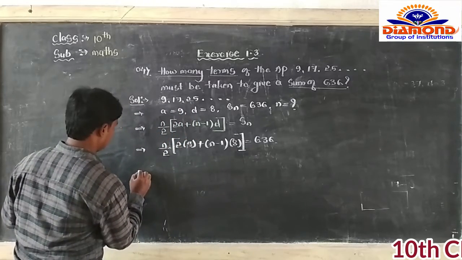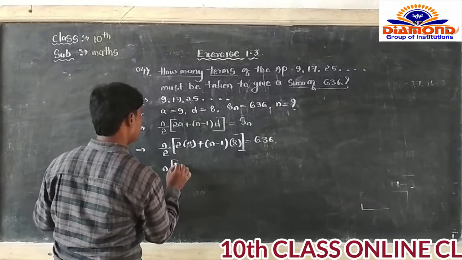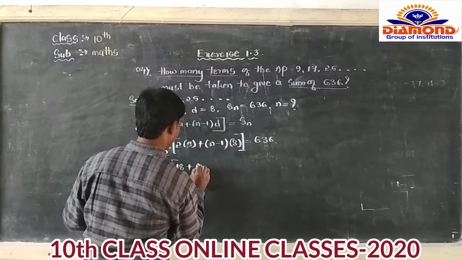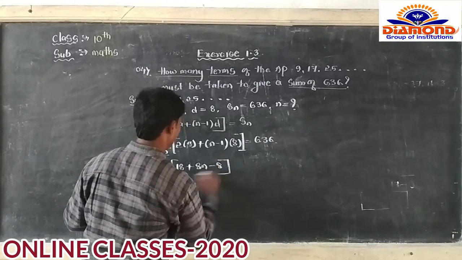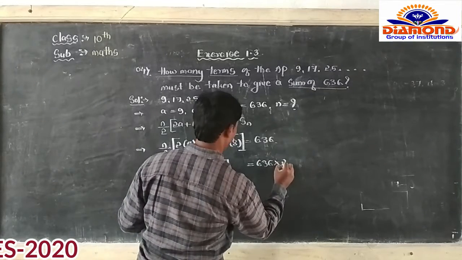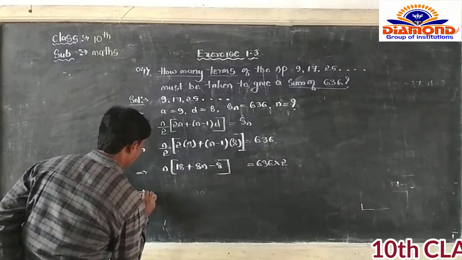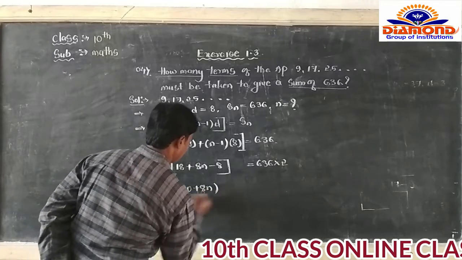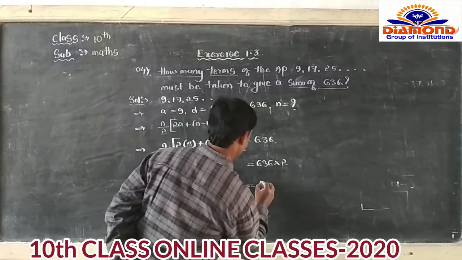Next, n as it is, in the bracket 2 into 9 is 18, plus 8 into n, that is 8n minus 8, bracket close. Then 636 into 2 becomes there. Next step: n in the bracket 10 plus 8n.